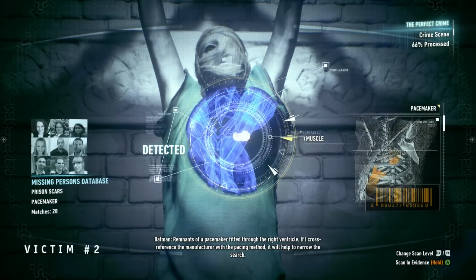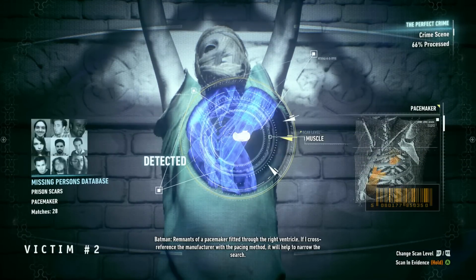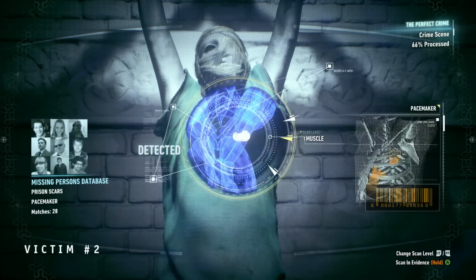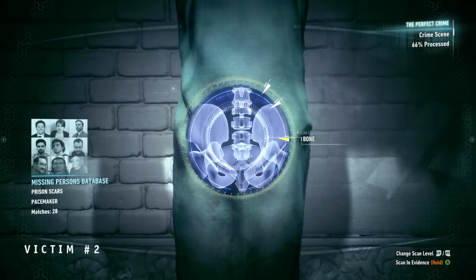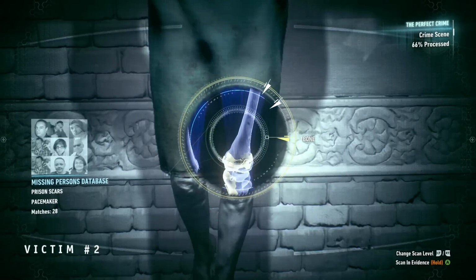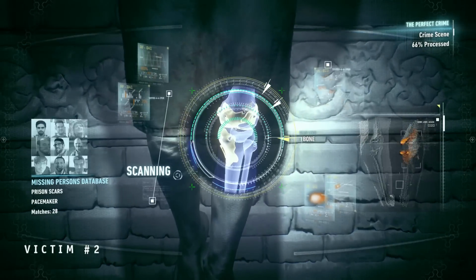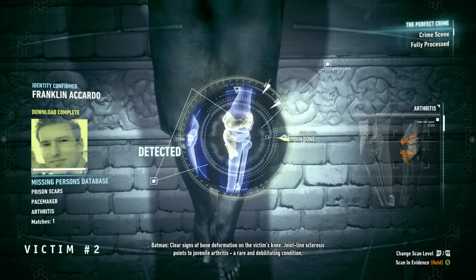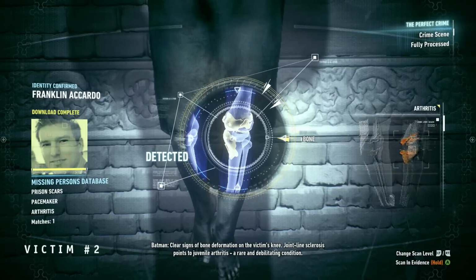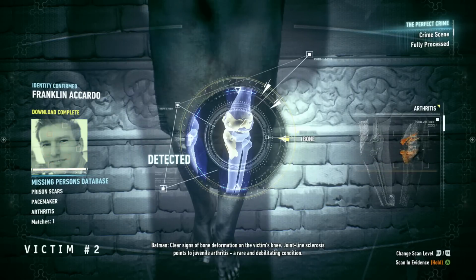If I cross-reference the manufacturer with the pacing method, it will help to narrow the search. Clear signs of bone deformation on the victim's knee. Joint line sclerosis points to juvenile arthritis, a rare and debilitating condition.